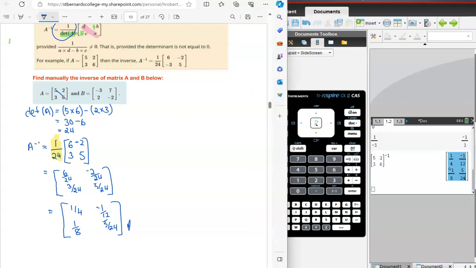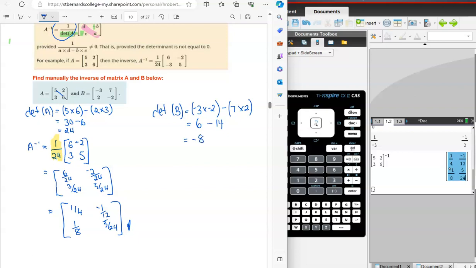All right, let's give matrix B a go. So the determinant of B would equal -3 by -2 minus 7 times 2. So we end up with +6 minus 14. So we end up with -8.